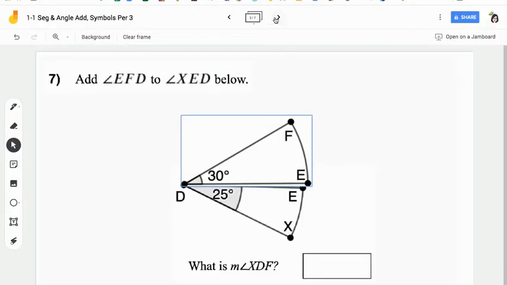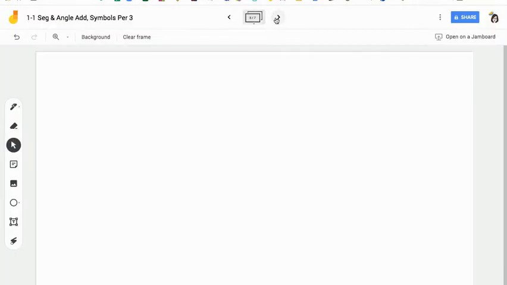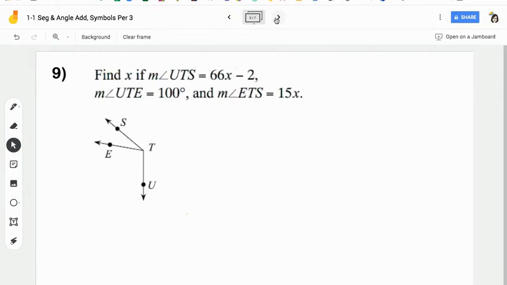All right, this one we're going to do together. Okay, we still have the 2 small angles together. The small angles are UTE plus ETS. Together, that makes the big angle UTS.